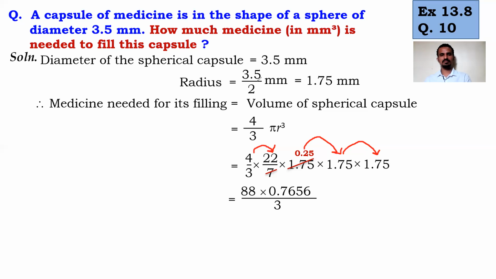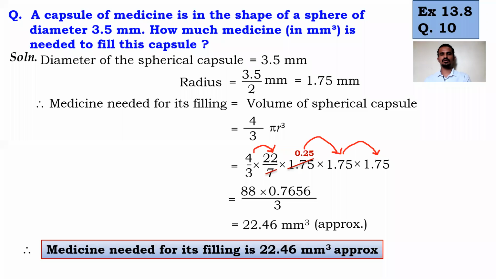The first two numbers are simple. 4 into 22 is 88. Multiplied by 0.25 multiplied by 1.75 multiplied by 1.75. So this 0.25 into 1.75 into 1.75 calculation comes to 0.7656. 0.7656. That's what we get. So it is equal to now 22.46 millimeter cube. Okay. This also includes the division by 3.